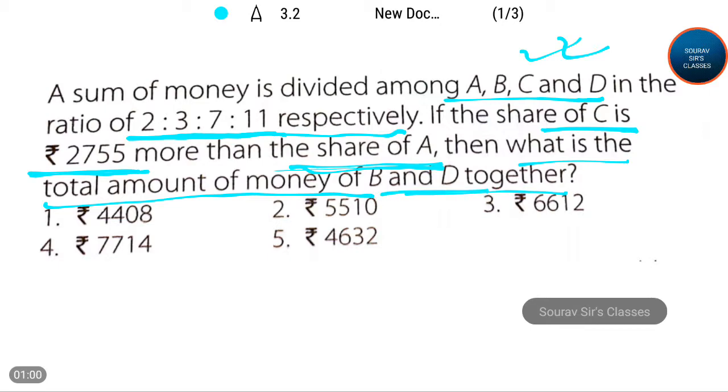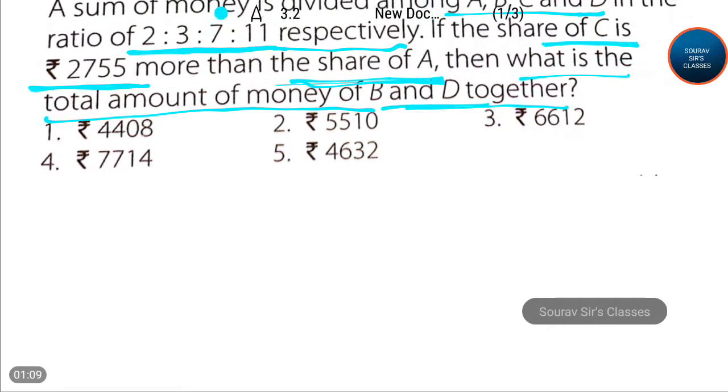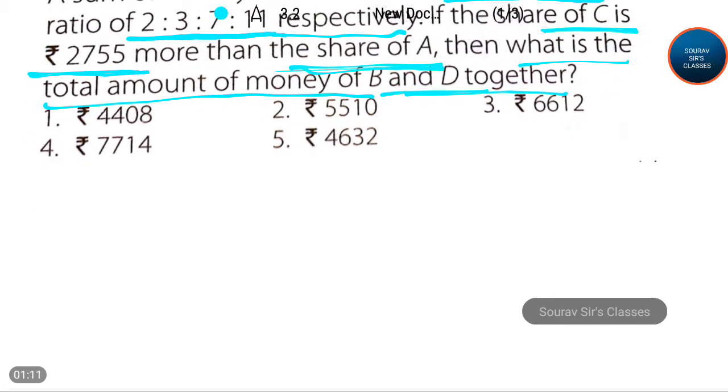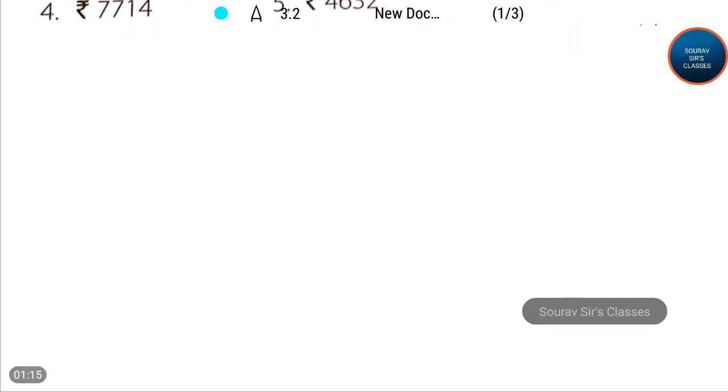So at first we will have to get the amount of money of B and D separately, and then we will add the values to get the together value. So now let's start.